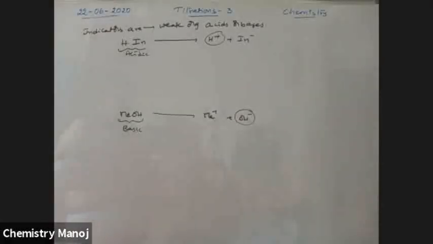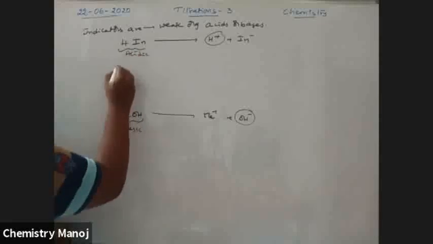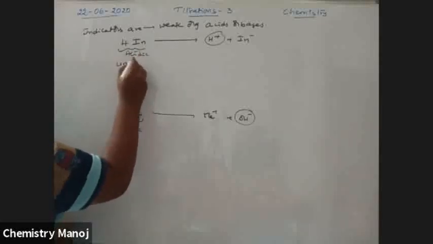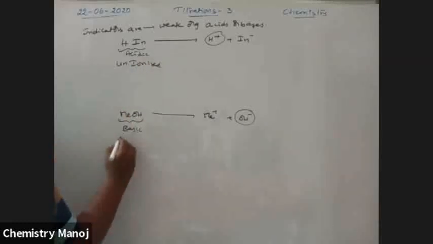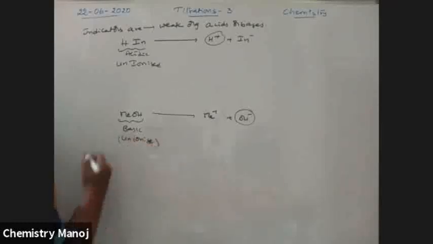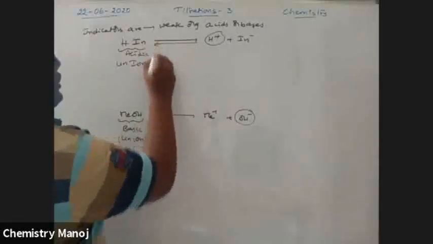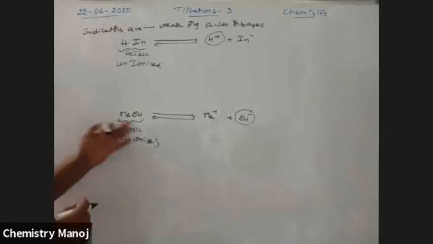This HIN is not ionized, it is the unionized form. This is a reversible reaction: ions convert into molecules and molecules convert into ions.